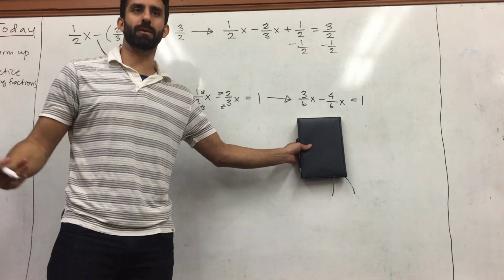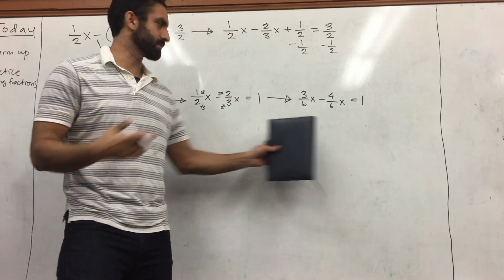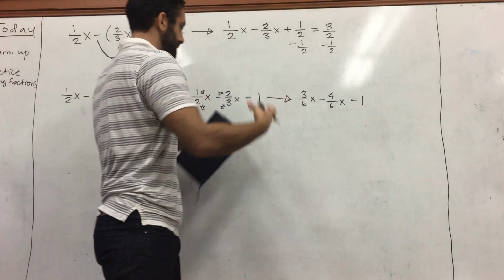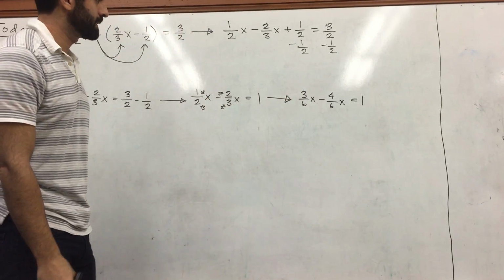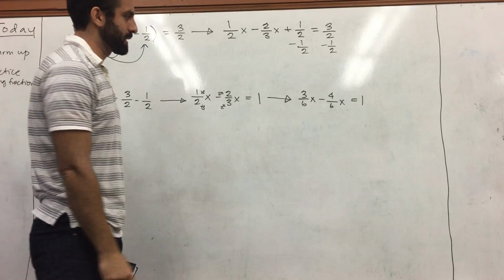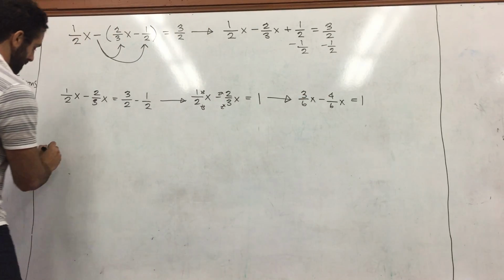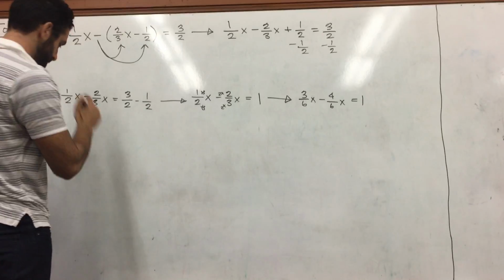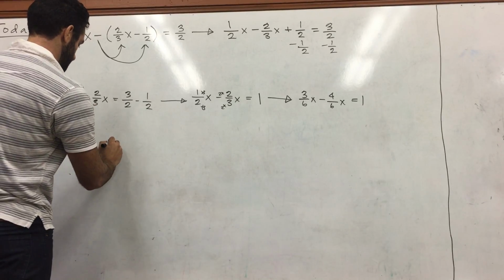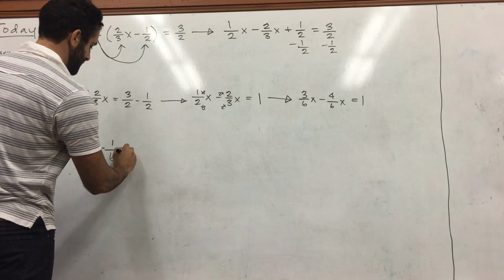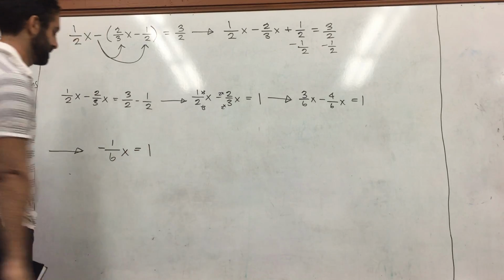Check me, I might make mistakes up here. Sometimes my brain gets mixed up a little bit. What's 3 minus 4? -1. So negative 1 over 6x equals 1.